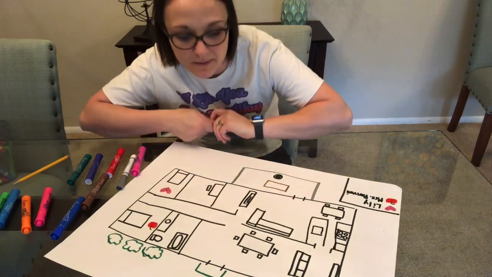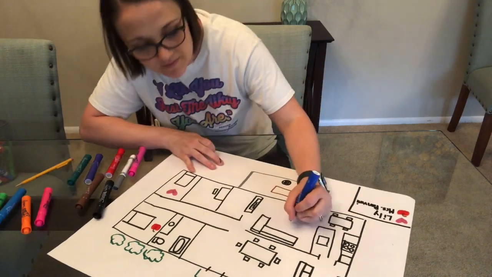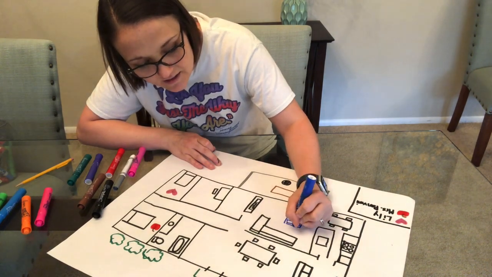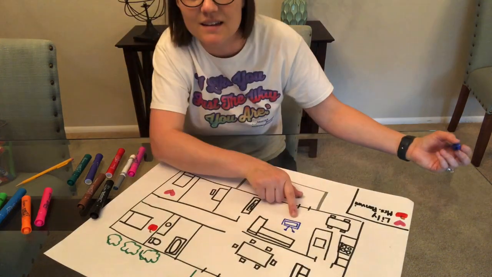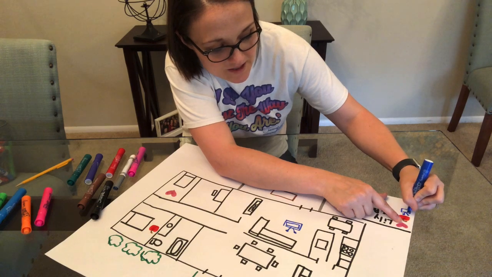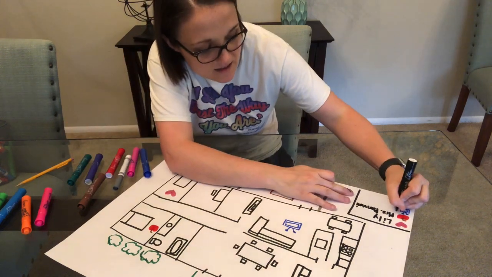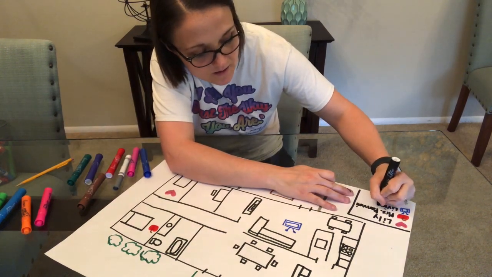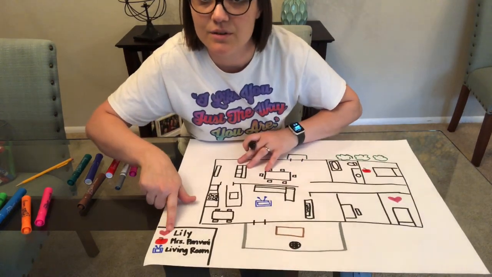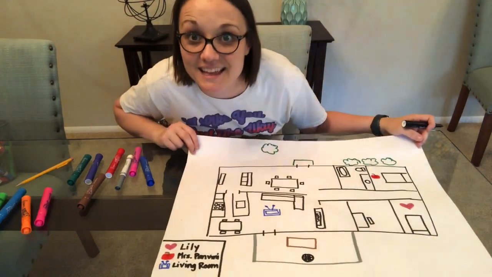Okay, another one I might put is a TV for my living room. A long time ago, TVs used to have, well, not a long time ago, some of them still do, little antennas. And so then I would go and I would label my different parts. Can you see that? Okay, and that's called a key or a legend, all right?